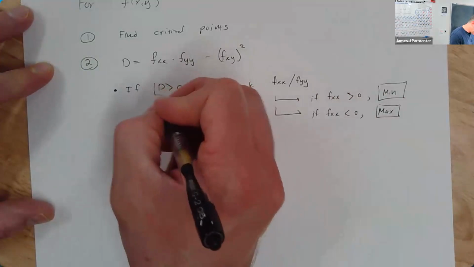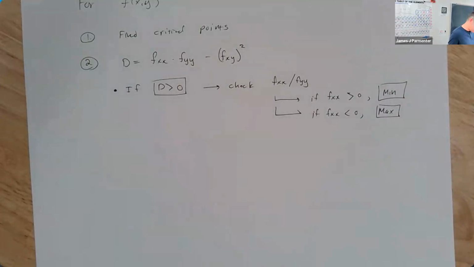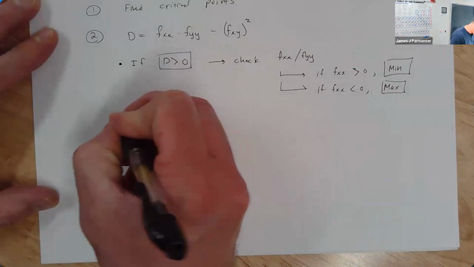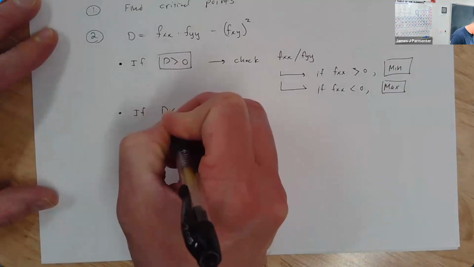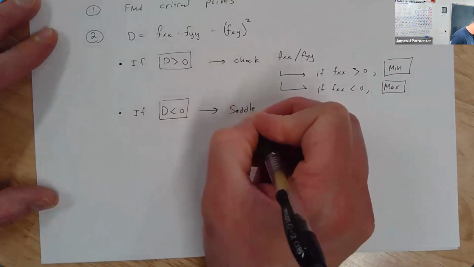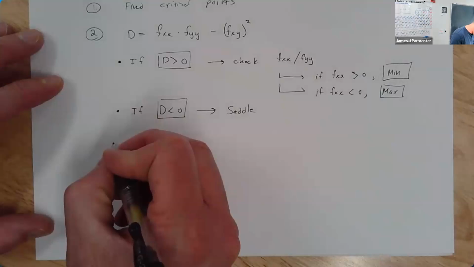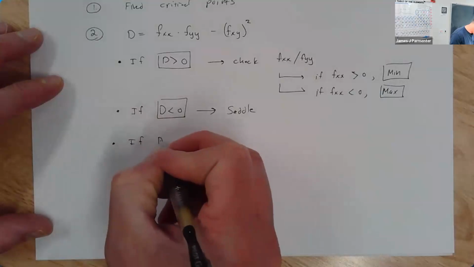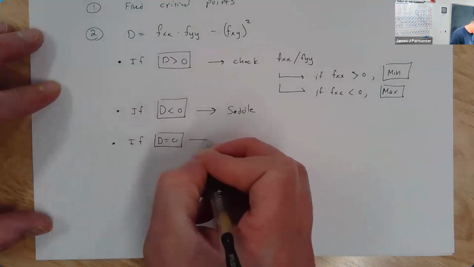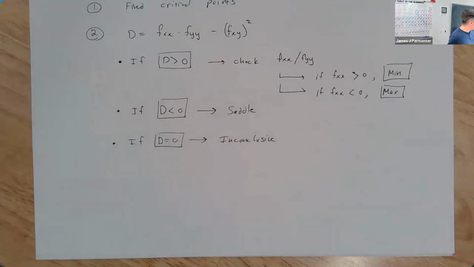So if D is positive, you either have a max or a min, but you have to do more work to check. If D is negative, you're automatically done, you have a saddle. There is no more checking to do. And lastly, disappointingly, sometimes D is 0. Then the test is inconclusive. We don't know. There might be other ways to figure it out. There might not be. Let's look at a very common example of that case.